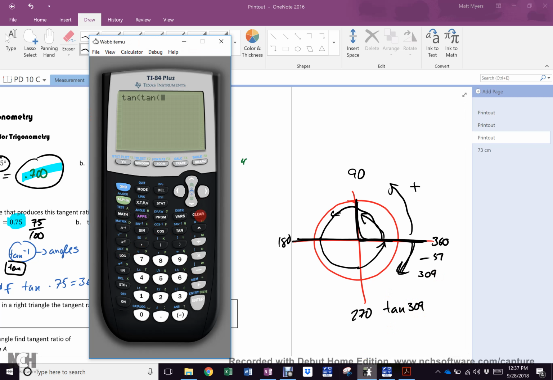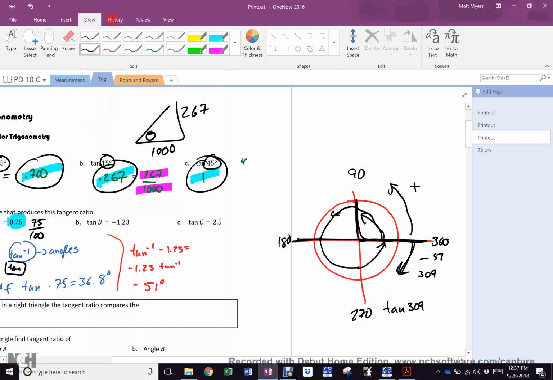Negative 1.23. Negative 1.23. Everybody with me?